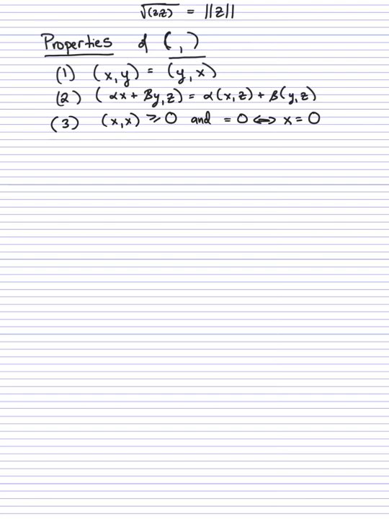Maybe I should notice that even for Cn, the inner product of z with z is in R automatically by property 1.